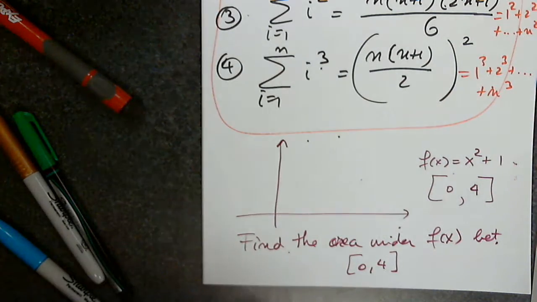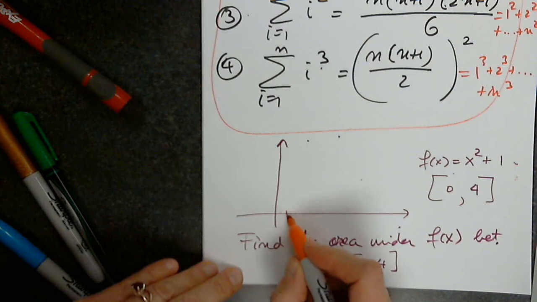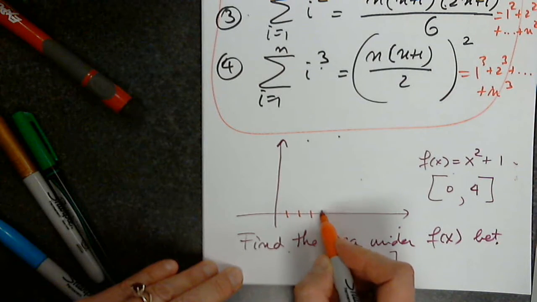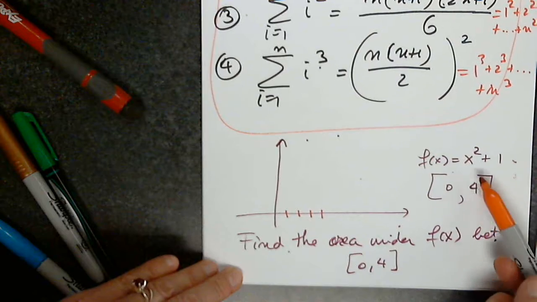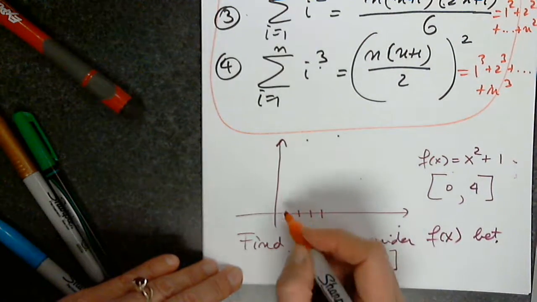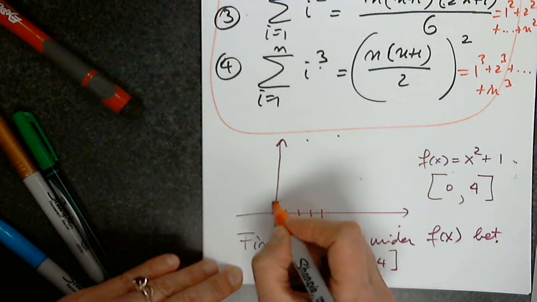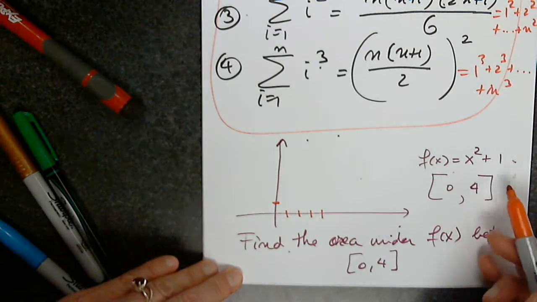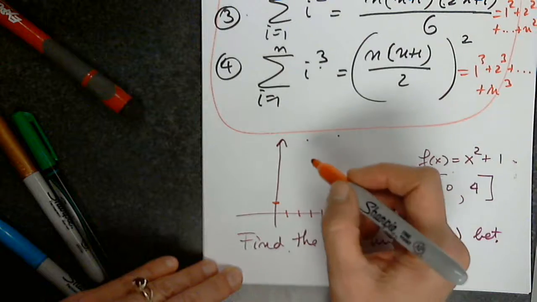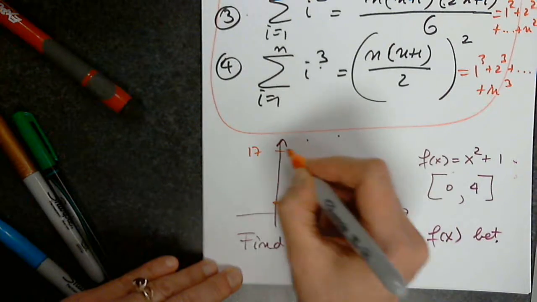Okay. So this is 1, this is 2, this is 3, this is 4. However, 4 squared plus 1, so 0 is here. 0 plus 1 will be here. 4 squared plus 1 is 17. And I'm going to say that 17 is here.